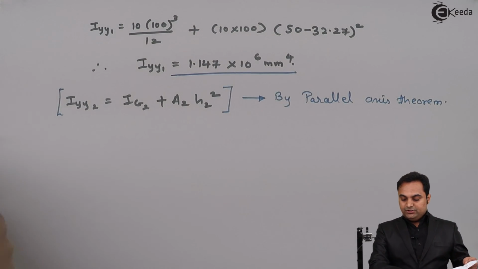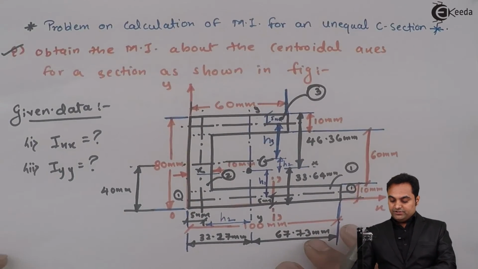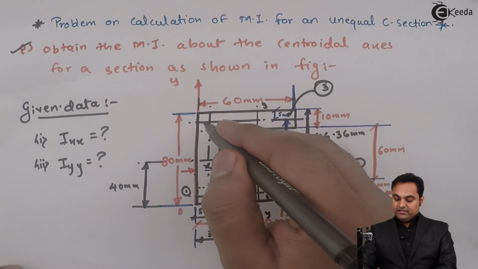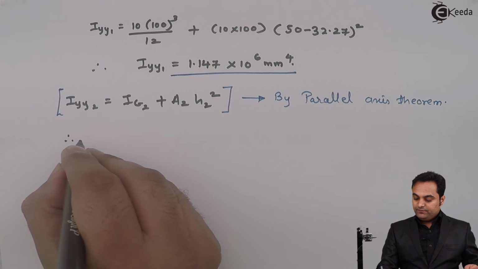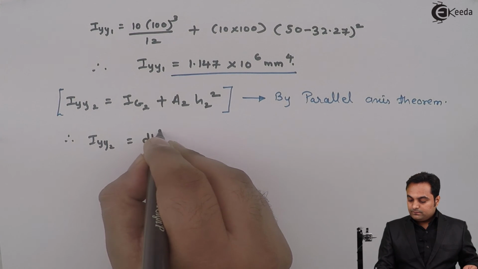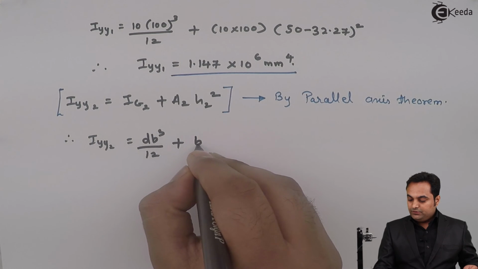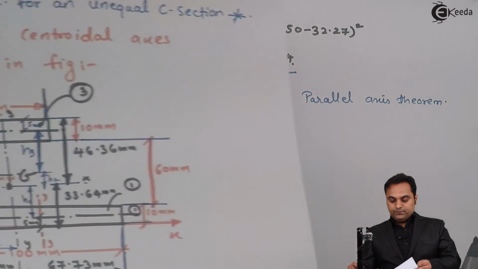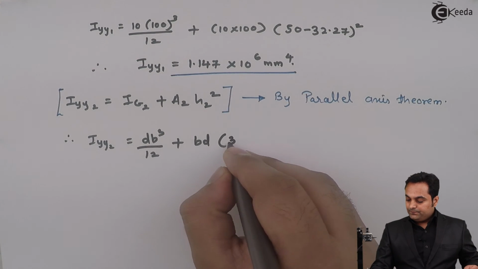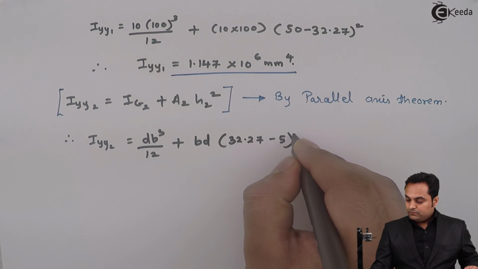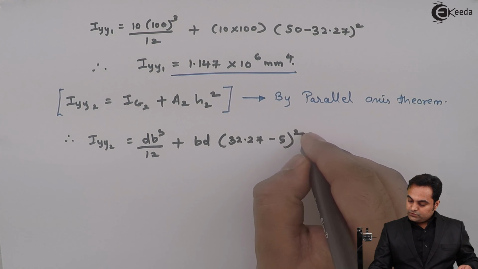Here IG2 will be the moment of inertia for the second rectangle about its own y-axis, so it will be dB cube by 12 plus area B into D, and H2 will be 32.27 minus 5 square.